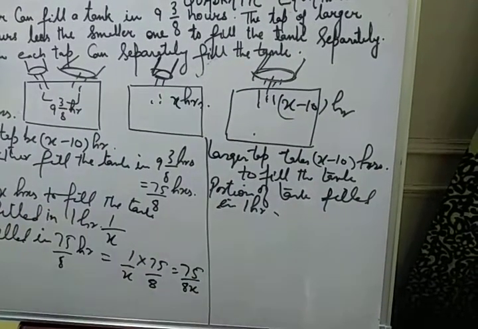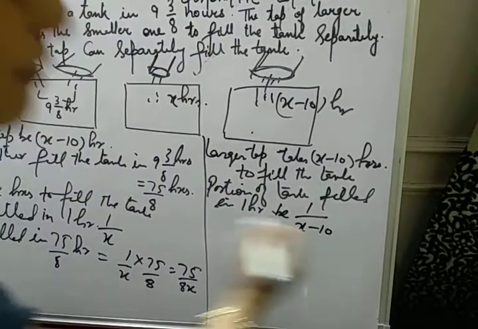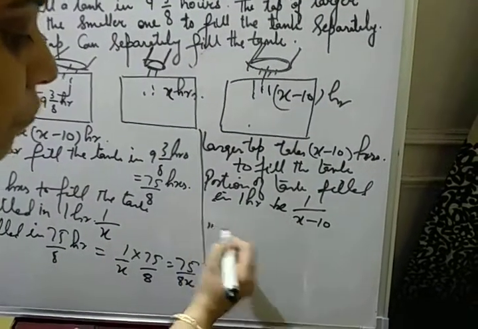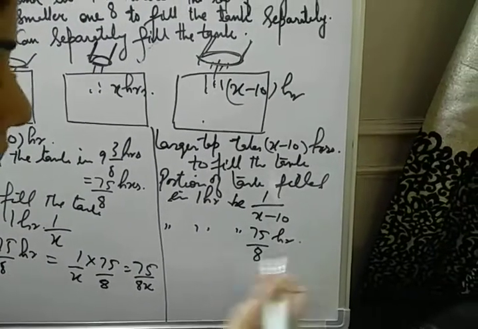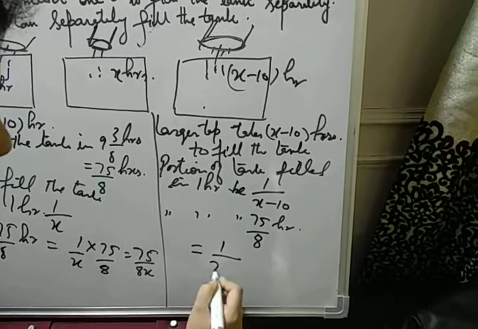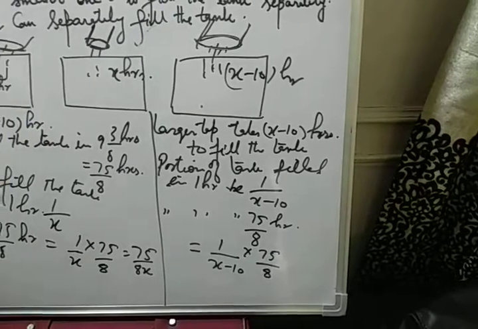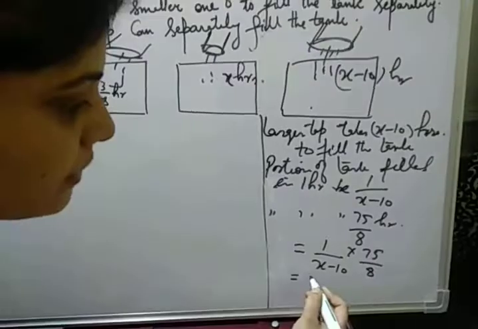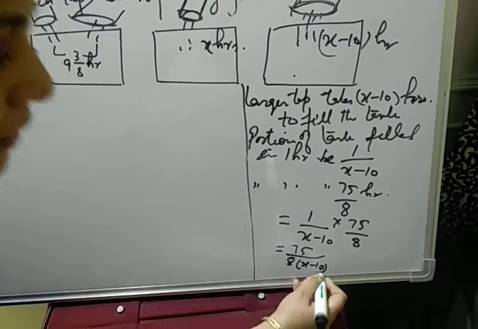It means the portion of tank filled in 1 hour is 1 upon x minus 10, right? And the portion of tank filled in 75 upon 8 hours will be, again we multiply 1 upon x minus 10 into 75 upon 8, which is equal to 75 upon 8 into x minus 10.